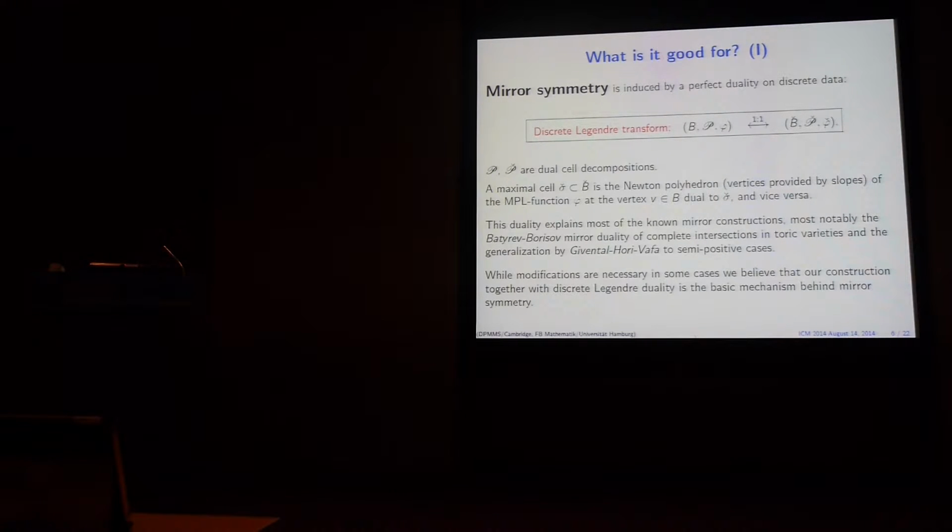We do know some cases where mirror symmetry does not fit into this picture on the nose, but there are some modifications you can do, and we believe that in all cases this will be our construction. Combined, this construction of universal families combined with the discrete Legendre duality is the basic mechanism behind mirror symmetry.